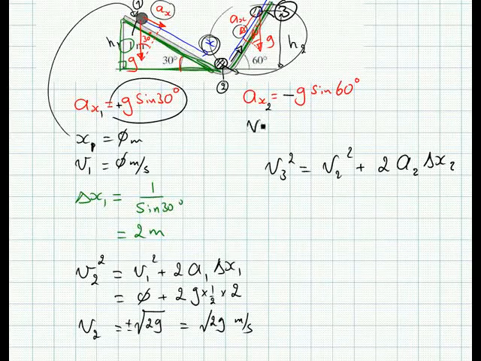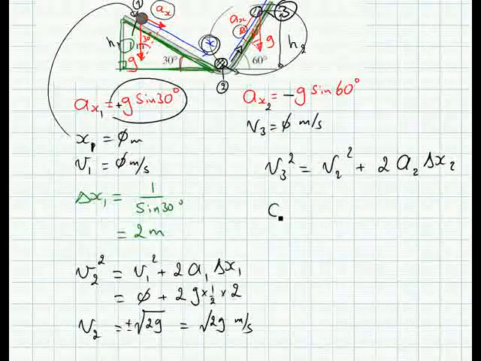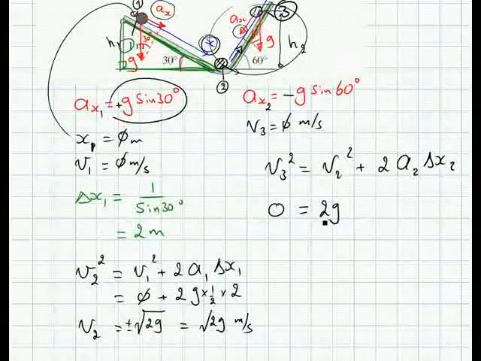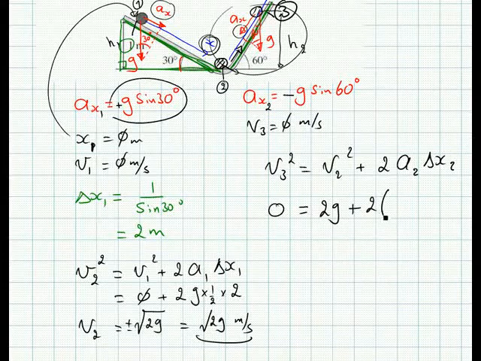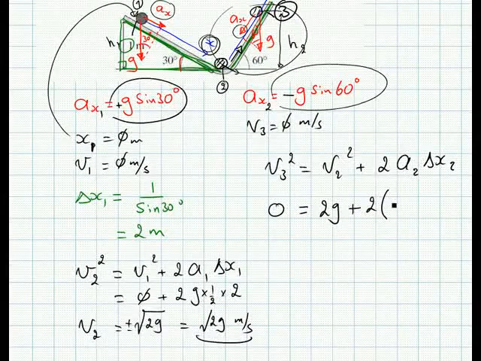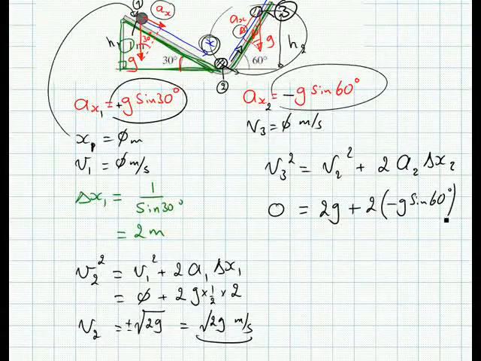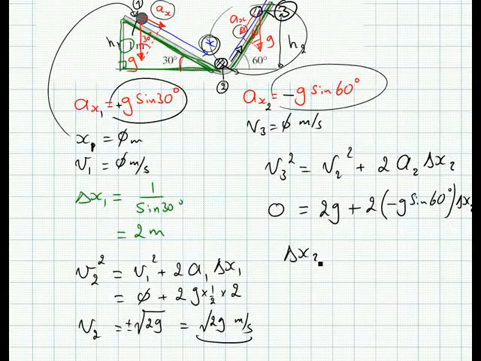Well, v3 we know is 0 meters per second because the object comes to rest, so 0 is equal to v2 squared, which is simply 2g from down here, plus twice a2, which is negative g sine of 60 degrees, times delta x2.